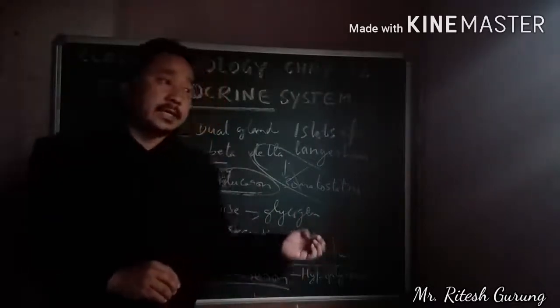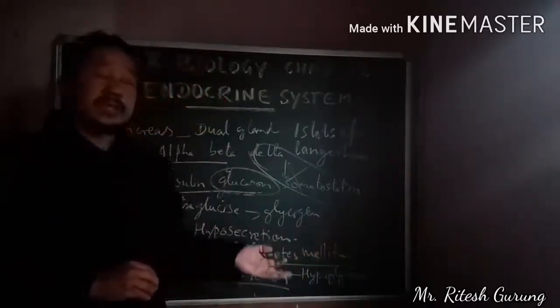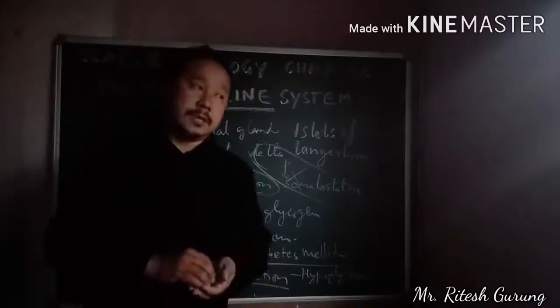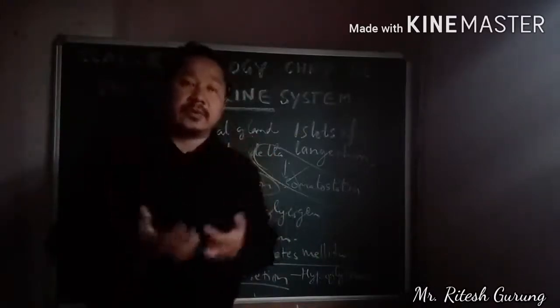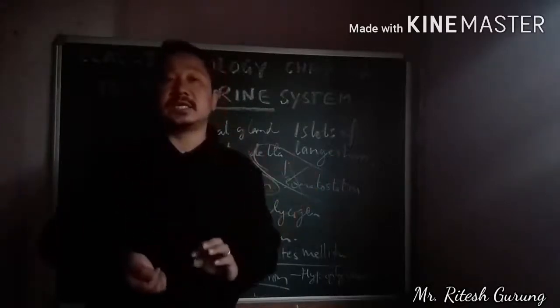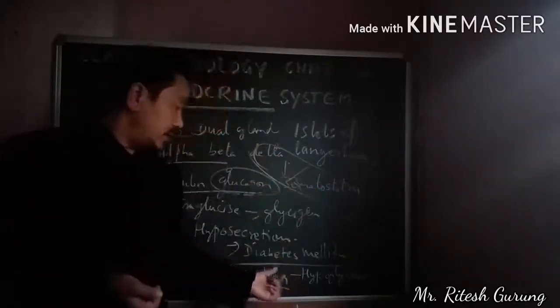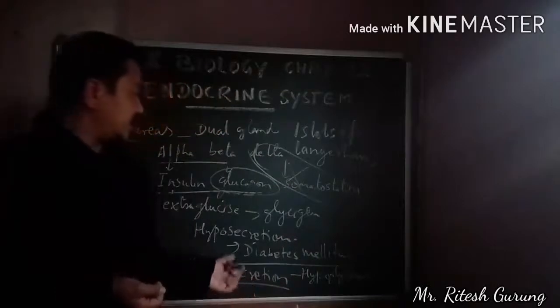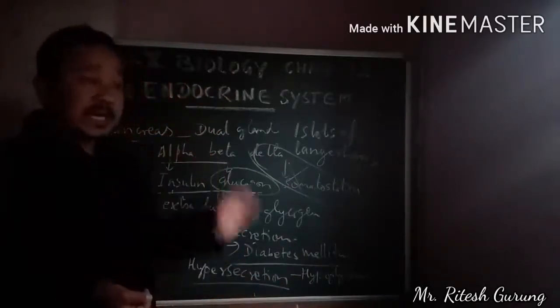And it may even lead to the state of coma. That means your brain will reach the state of coma if this hypersecretion of insulin takes place in the body.